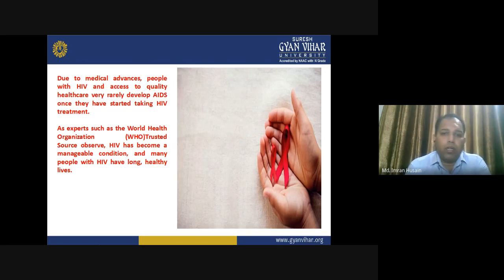Due to medical advances, people with HIV who have access to quality healthcare very rarely develop AIDS once they have started taking HIV treatment. As experts such as the World Health Organization, or WHO, trusted sources observe, HIV has become a manageable condition and many people with HIV have long, healthy lives.